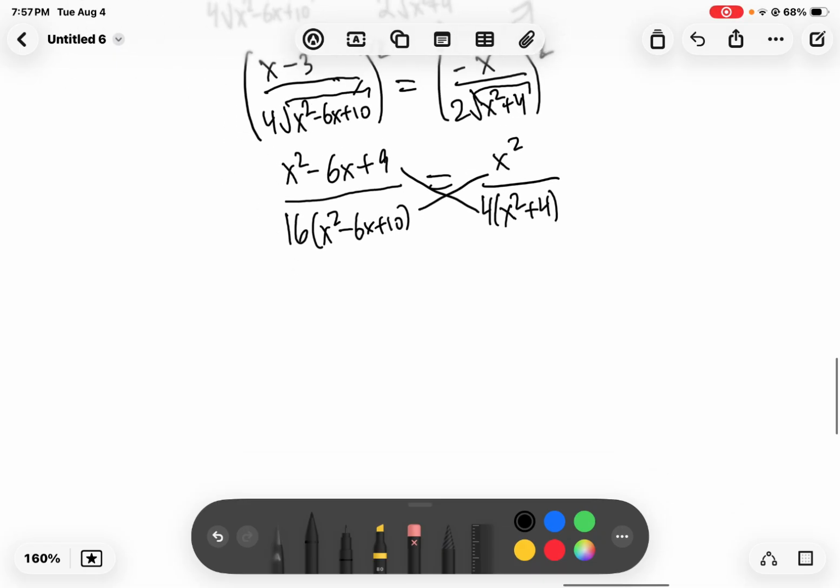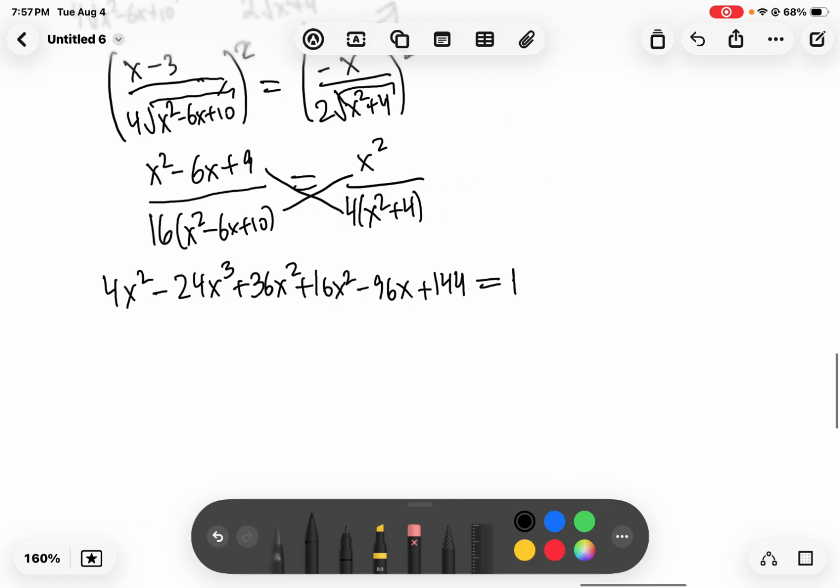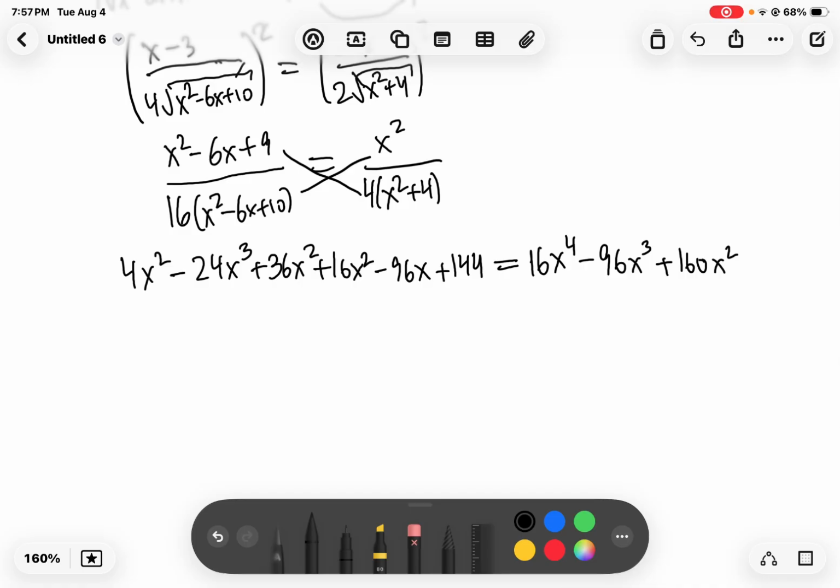And so then on the left-hand side, we get 4x squared minus 24x cubed plus 36x squared plus 16x squared minus 96x plus 144, and that's equal to, on the right-hand side, we have 16x to the fourth minus 96x cubed plus 160x squared. All right, so now let's move everything to the left-hand side and set this thing equal to 0. So we have, sorry, this is supposed to be a 4.